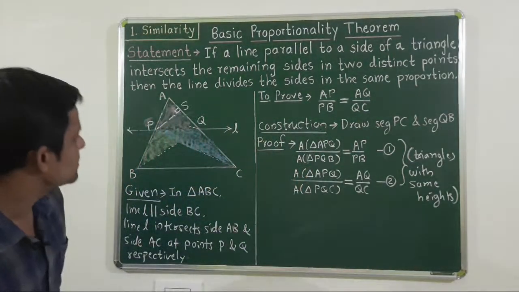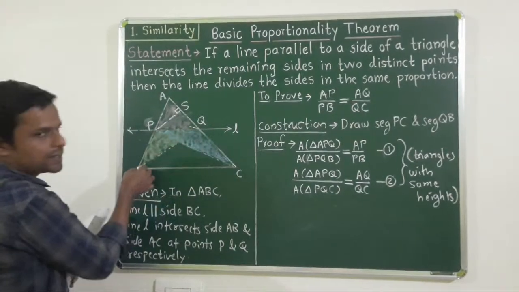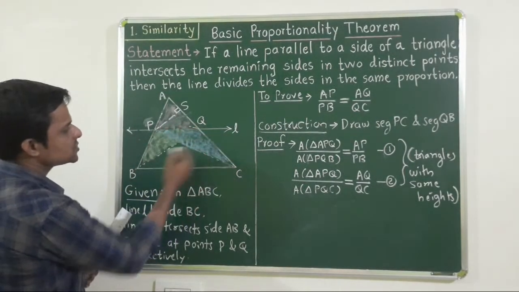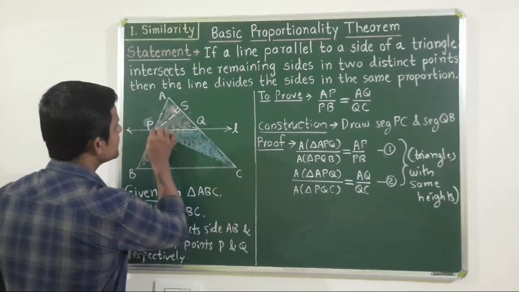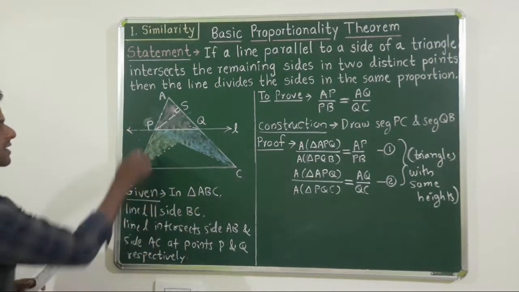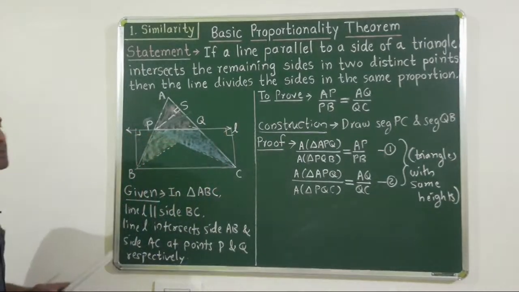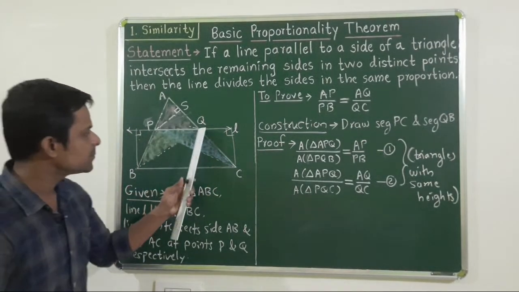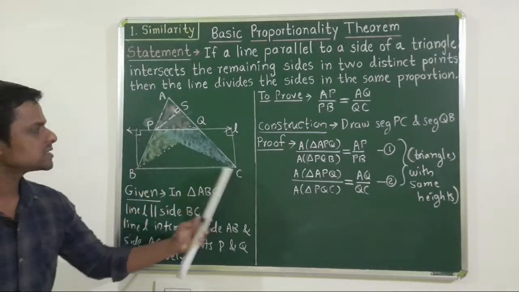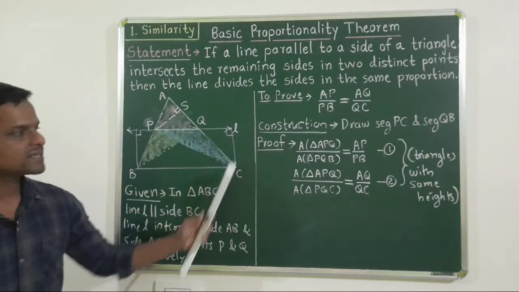Observe these two triangles again, that is triangle PQB and triangle PQC. These two triangles are having same base, that is PQ, and their heights will be also same. Means these two triangles are having same base and same heights.